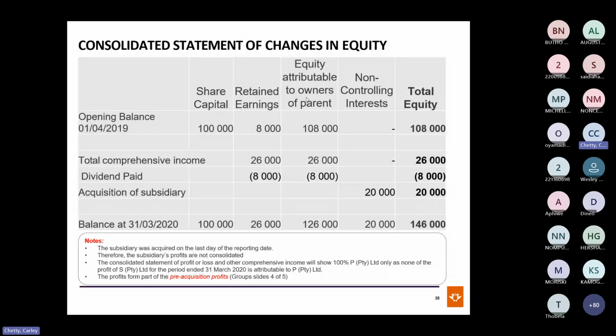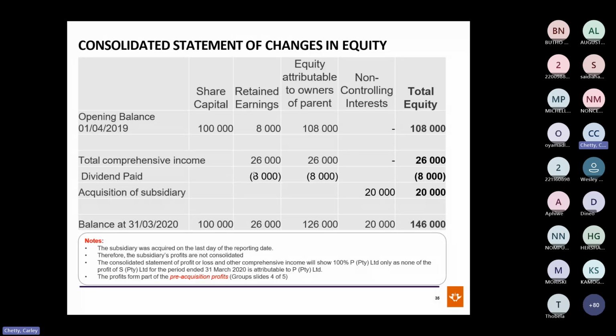Now we can add those two together to give us the column equity attributable to owners of the parent. So we're simply adding the opening balance 100,000 plus the 8,000 Rand. That will give us 108,000 Rand. Then we have the total comprehensive income, which is 26,000, and that will go in the total column.